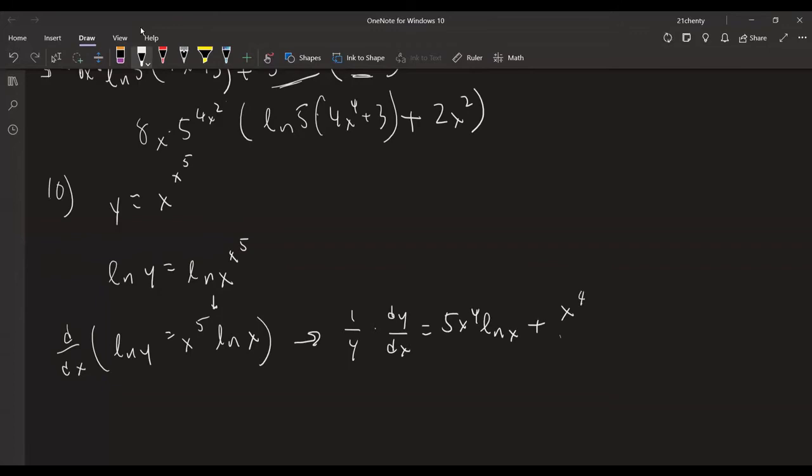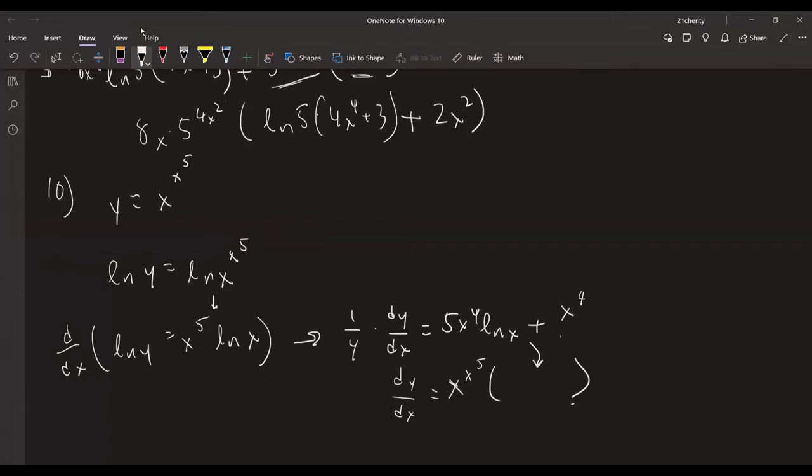And then we just take the y and move it over here, and then y equals that. And this goes down here. I don't want to write it, I'm too lazy. But yeah, that is number 10.